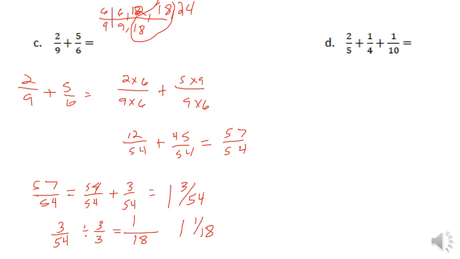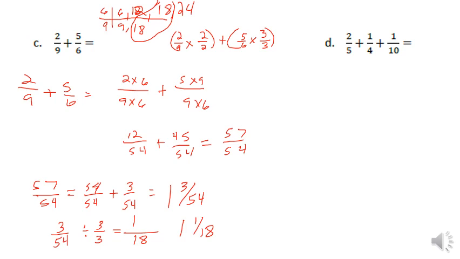So in this case, I could convert both 2/9 and 5/6 into 18ths. So if I did that, it'd be 2/9 times, now I'm looking at what I have to multiply 9 by to get 18, and that would be 2. So it'd be 2/2. Plus, second one is 5/6, and I know I have to multiply 6 by 3 to get 18, so the top would be 3.